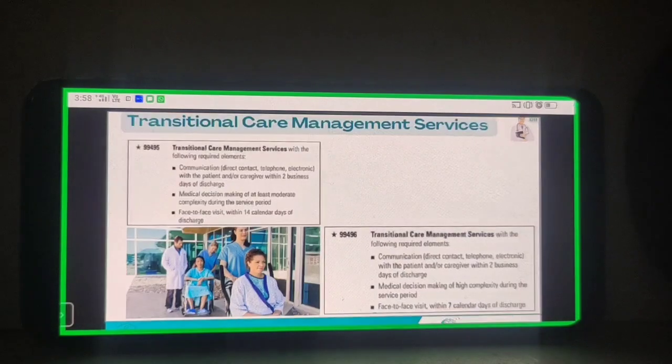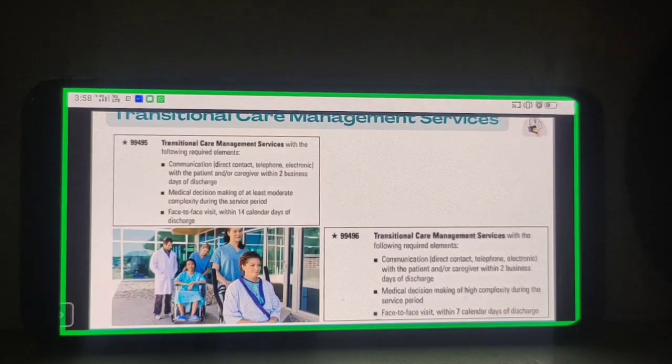Here the medical decision making would be moderate. Check the second and the third point. In 99495, the MDM, medical decision making, will be moderate, and the patient will be discharged within 14 calendar days.